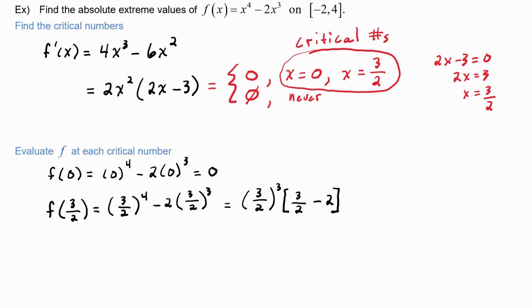So now this is going to be pretty easy to evaluate. Here we have to do 3 cubed, which is 27, over 2 cubed, which is 8. And we have to take that times 3/2 minus 4/2, which would be negative 1/2. So this was easy to do without a calculator, and we end up with negative 27 over 16.